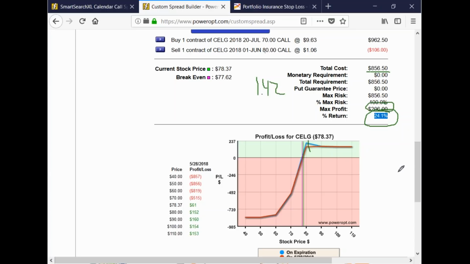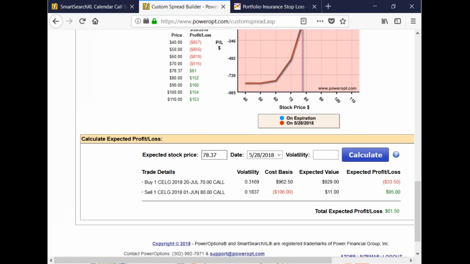When you're trading any calendar, be it a diagonal or a horizontal, the return that you're seeing is based on not only the call reaching its zero value on expiration, so if the stock was trading right at 80 on 6/1, but it's based on the value of your option that you bought in the calendar, horizontal or diagonal, which includes intrinsic and remaining time because it's further out.